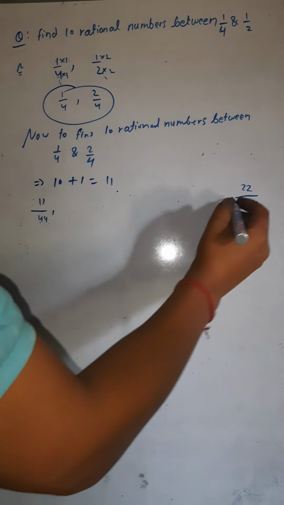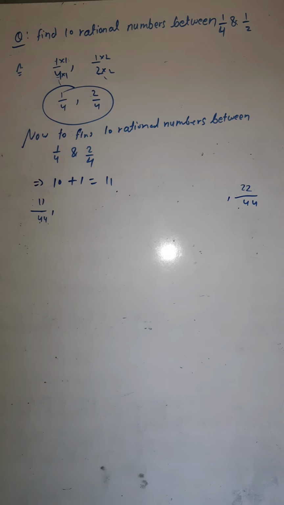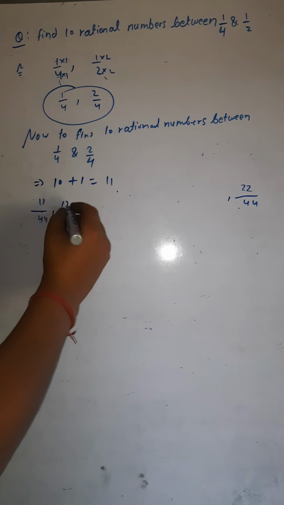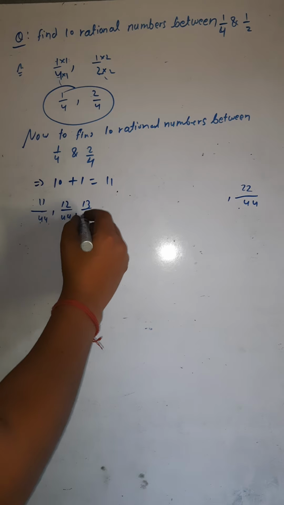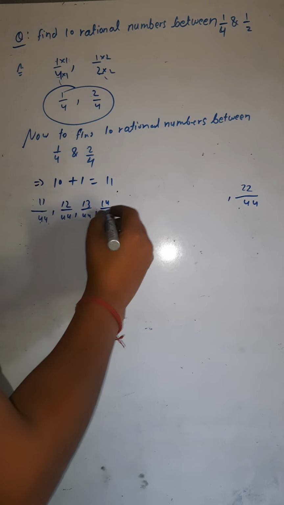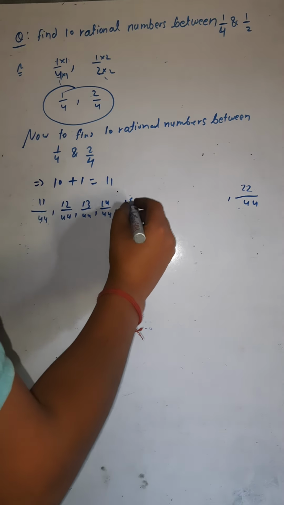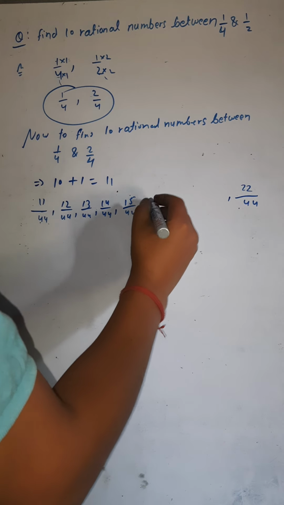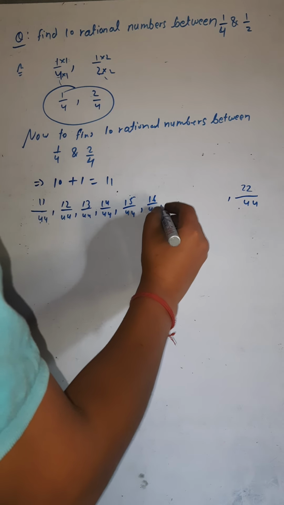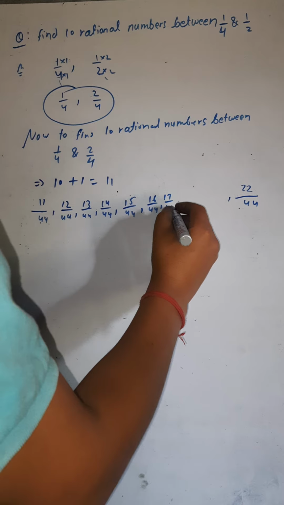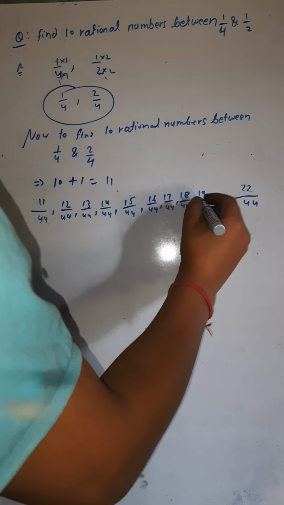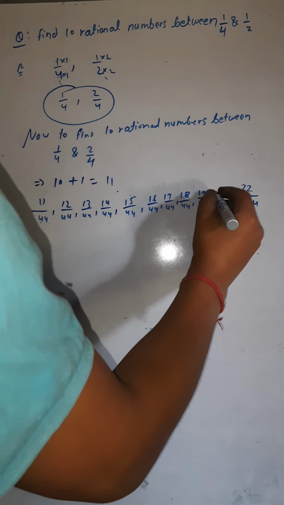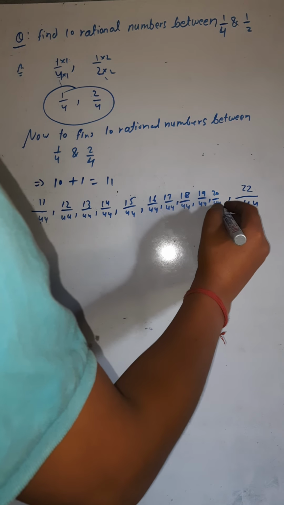Now I have to find out 10 rational numbers between these two. I can write. Look here, 11 by 44, greater than this is 12 by 44. Then more than 12, 13 by 44, 14 by 44. Then you have 15 by 44, 16 by 44, 17 by 44, 18 by 44, 19 by 44, 20 by 44.